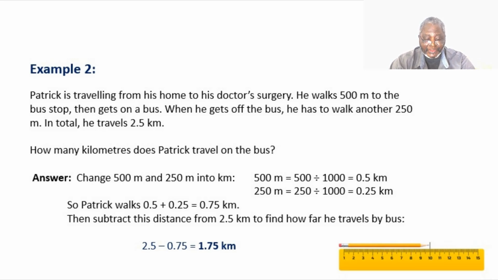Then you subtract this distance from 2.5 kilometers to find how far he travels by bus. So 2.5 minus 0.75 is equal to 1.75. So maths is like a jigsaw. You need to make sure you find the correct parts before you can work out your problem.